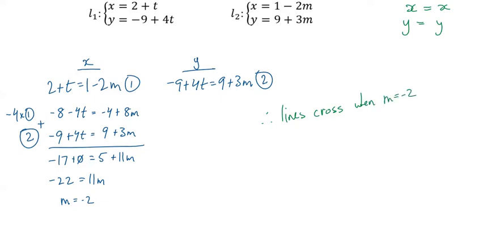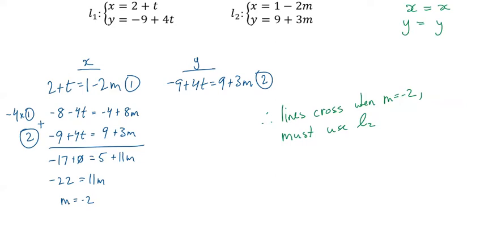So we must, because this is a question that always comes up, use line 2. Why do we have to use line 2? Because it's the one that has m. So m and t are different. t has a different value. We could find t if we wanted to by subbing in up here. We could sub -2 in here and solve for t.